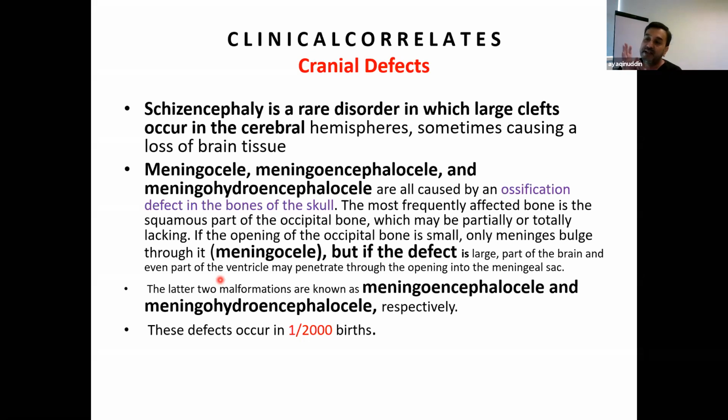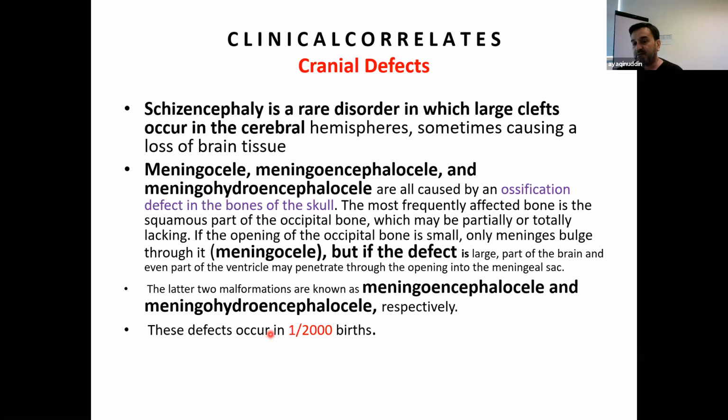And if the ventricular cavity is also extending, then the defect is called meningohydroencephalocele. So you can have only meninges bulging, you can have part of the brain bulging, and you can have part of the brain plus the ventricle bulging.